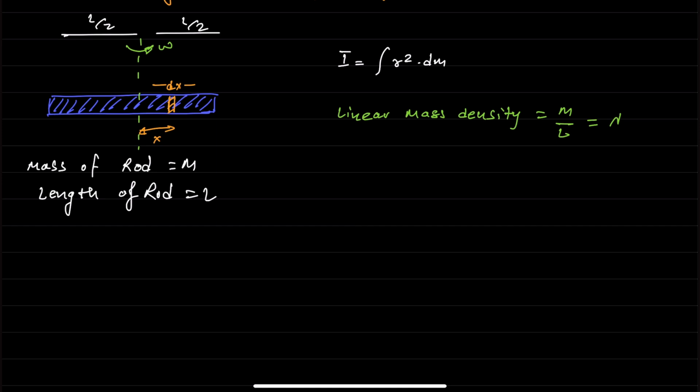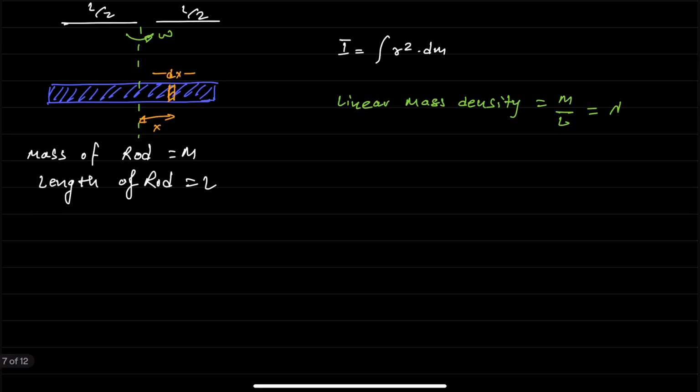We can assume this rod to be formed by small elements of dx, and by combining these elements, that's why I am taking it. This will be the thinking process for calculating any kind of moment of inertia for a continuous mass distribution. So you need to understand why I am taking it like this only. If you can understand that, then you can solve many other related questions. So let's go again and solve it.